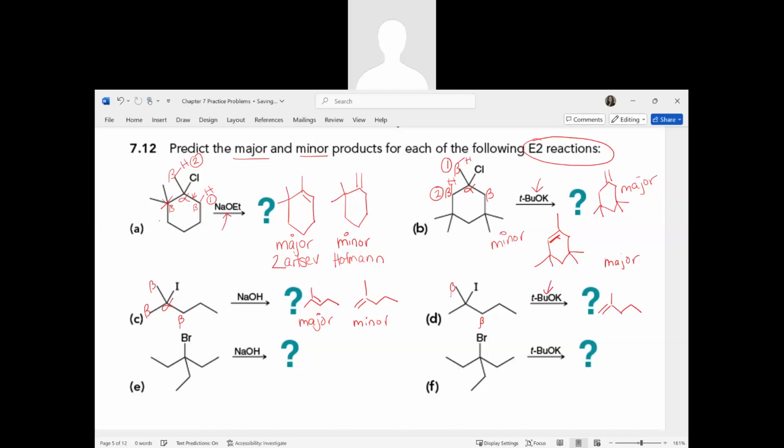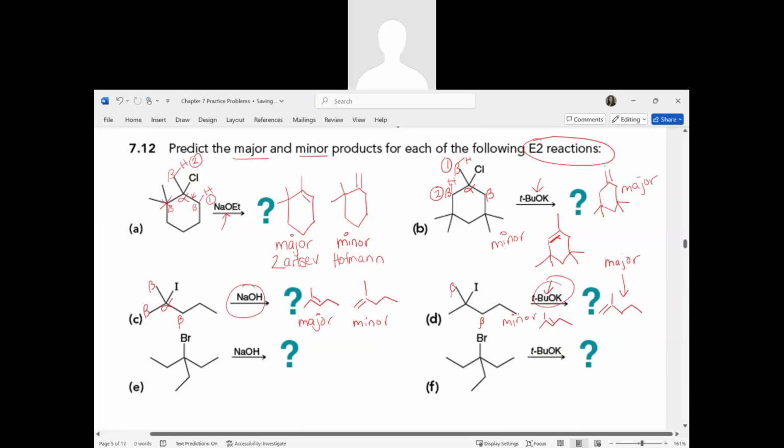That will be this product here, and then our minor product would be the same product that we saw last time as our major product, the more highly substituted Zaitsev product. So C and D have the same products. We just switch between which is the major and which is the minor based on the fact that we have a non-bulky base versus a bulky base.